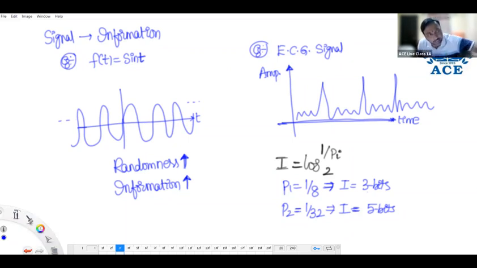The second characteristic of signal is, I am moving to the next slide.